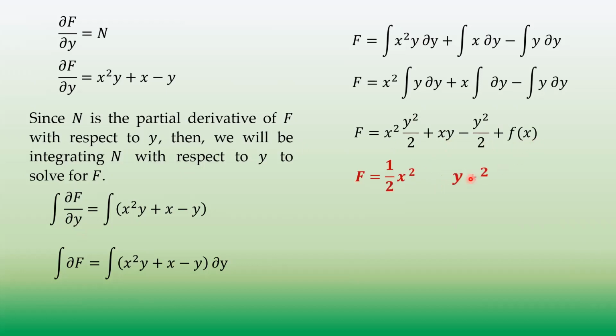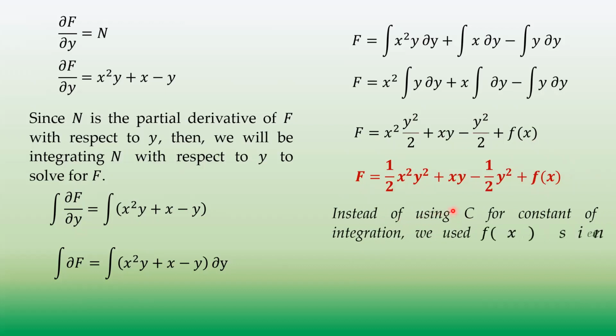Okay. And we will have 1/2 of x squared y squared plus xy minus 1/2 y squared plus c or plus f of x. Okay. So ito ngayon yung ating solution for the exact differential equation. Kaya lang, kailangan mo nang hanapin yung f of x.